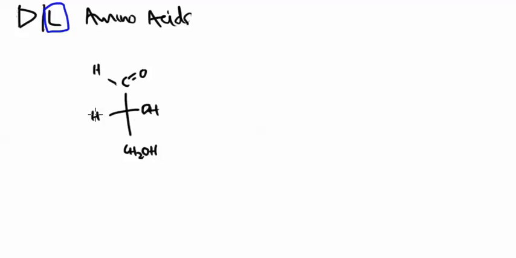And we said that with these Fischer projections, we have to understand that the head and the tail point away from us, and the things on the backbone point toward you. So I'm going to just write that over here to the side. So the head and the tail, they point away, and the atoms on the backbone point toward you.